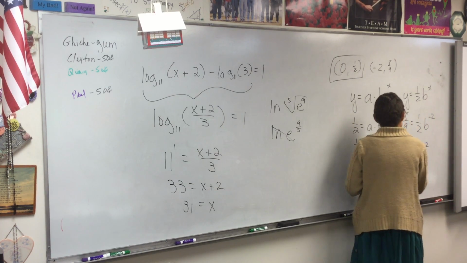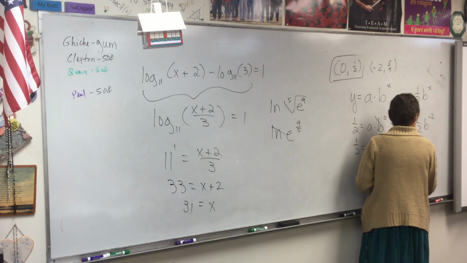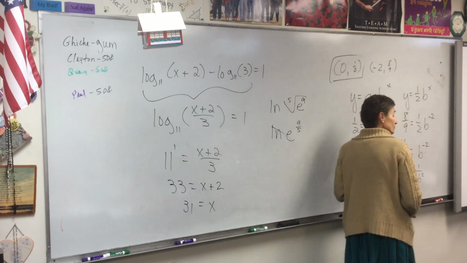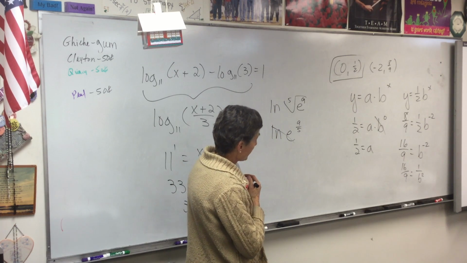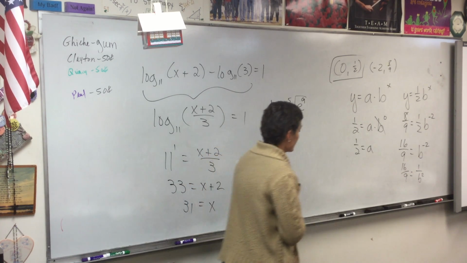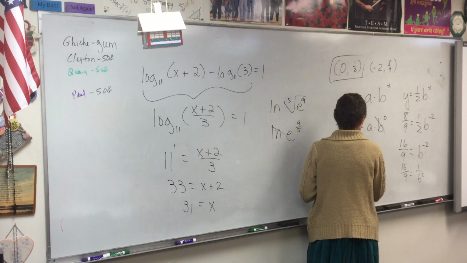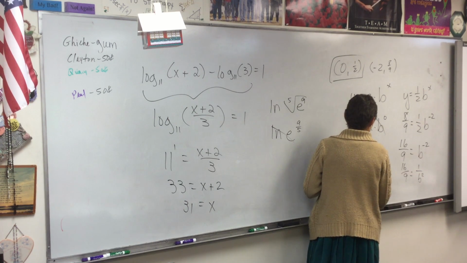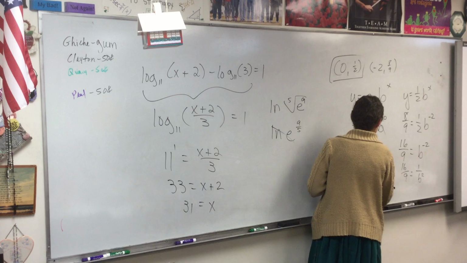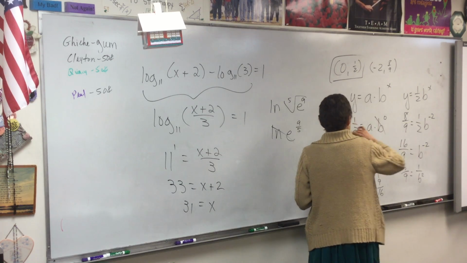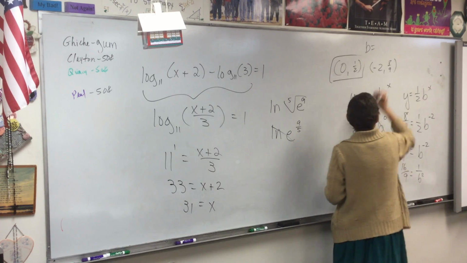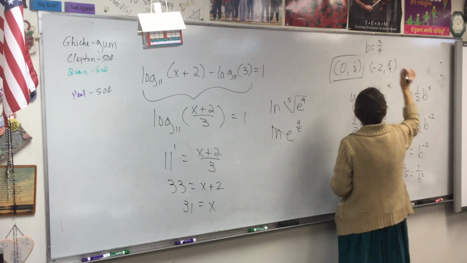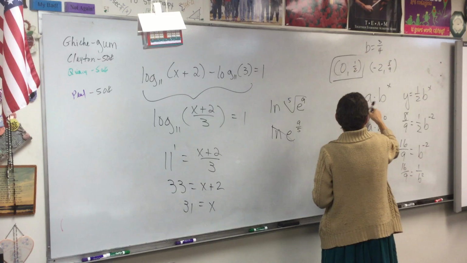And then, Brenton, I would think of that as 1 over b squared. And then what? So 16b squared equals 9. B squared equals 9/16. So b equals 3/4. And then don't forget to write your answer.